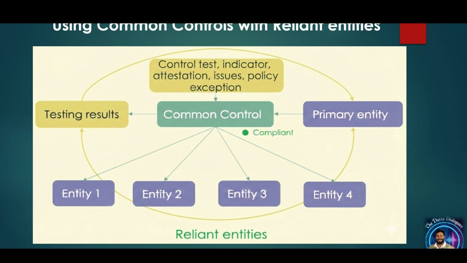So let's imagine what the outcome is. You have saved time, you have well managed your workload. You just tested for IT, but you are compliant everywhere else. You perform the testing on IT, but you are actually compliant on HR, sales, and finance, right?